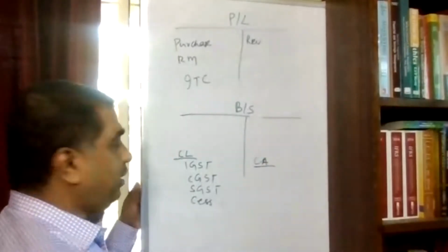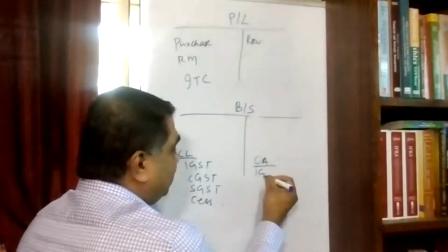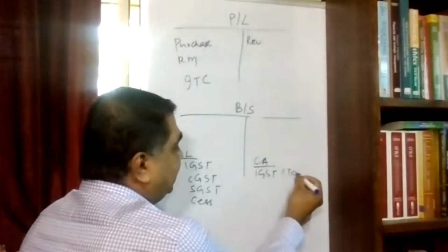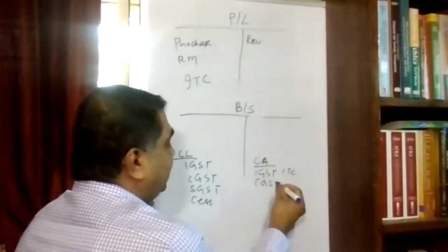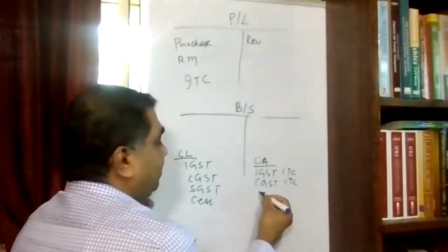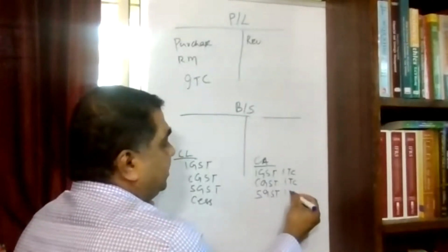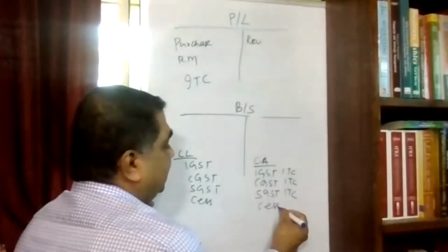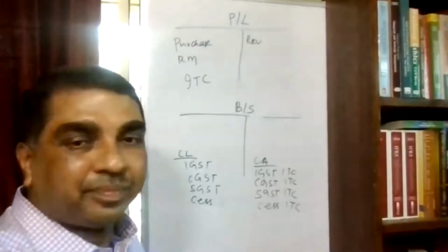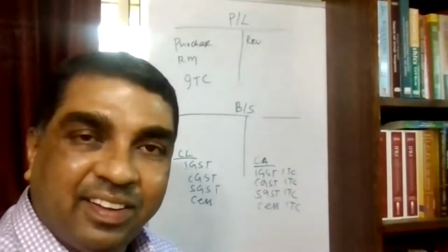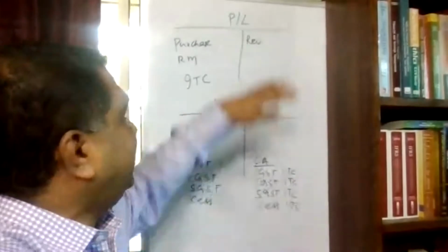This asset may be in the form of IGST ITC, maybe CGST ITC, maybe SGST ITC, maybe cess ITC. And this process you do continuously.